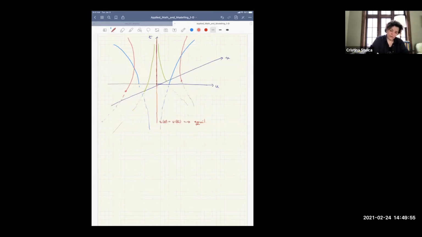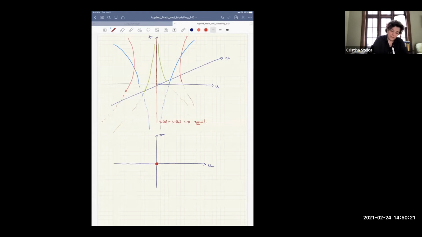Okay. So now if I take this picture and I'm looking at it from above, and I don't see the t-axis anymore, I just see the UV plane, what will I see? Well, let's see. So this is the UV plane, U and V. I see in the middle the red dot that corresponds to the equilibrium.